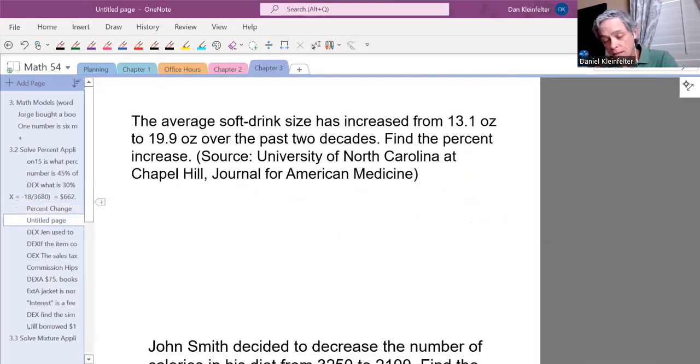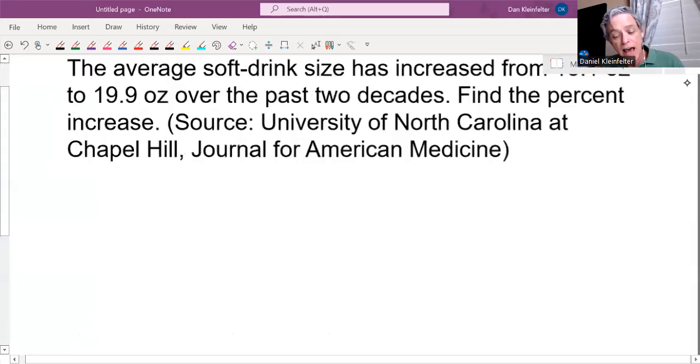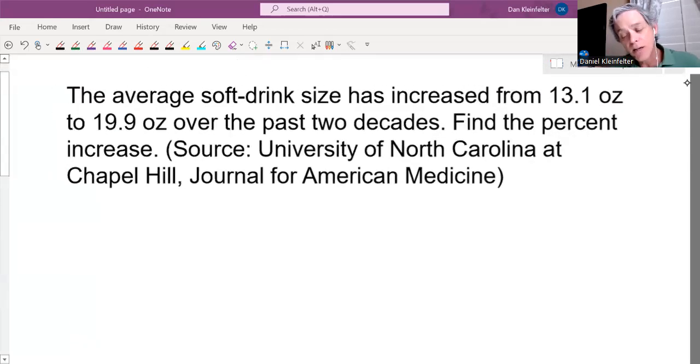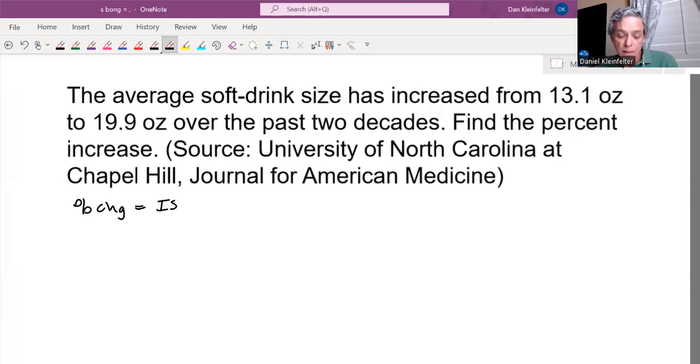Okay, another example. Here it says the average soft drink size has increased from 13.1 ounces to 19.9 ounces over the past 2 decades. We want to find the percent increase. And then there's a source there, which we don't especially need. Okay, so the percentage change is going to be what it is now minus what it used to be, divided by what it used to be. Okay, it's increased from 13.1 to 19.9.